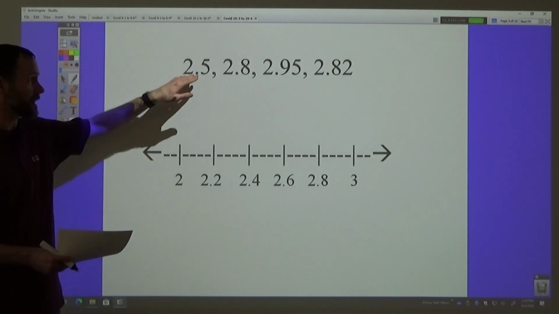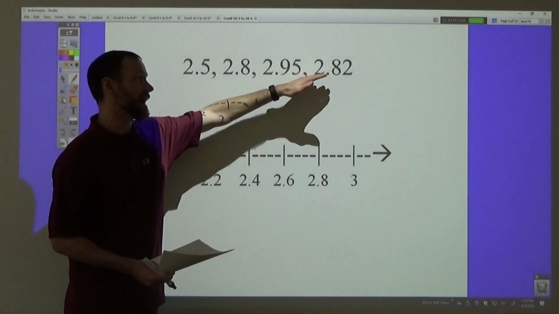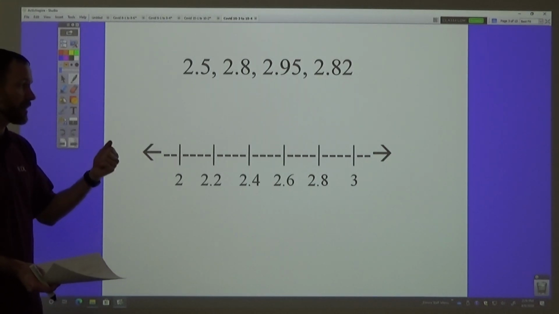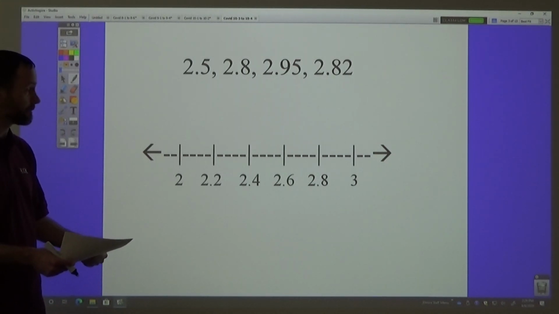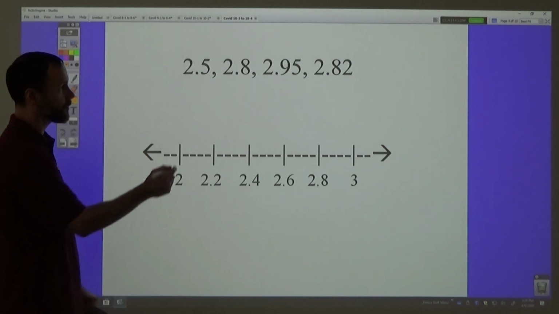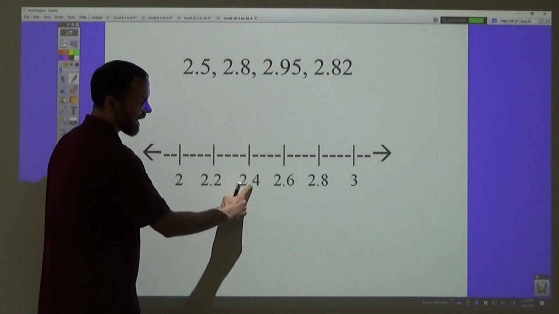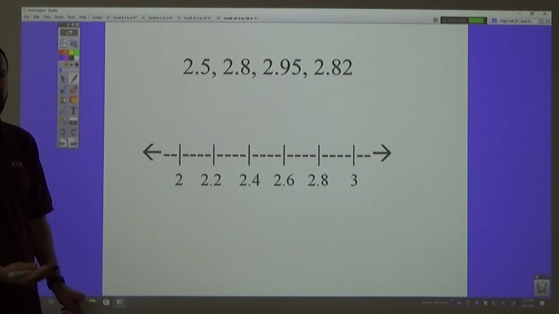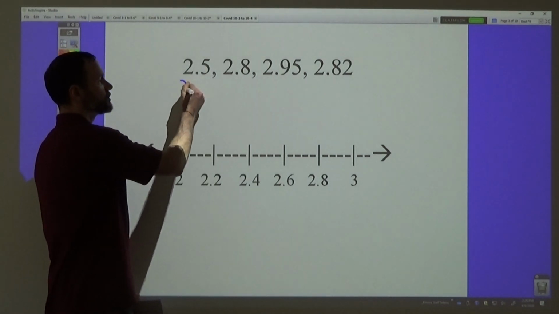So our first ones are 2.5, 2.8, 2.95, and 2.82. All that we want to do is put them where they belong in the number line. So 2.5 is exactly halfway in between 2.4 and 2.6. Again, think of it in terms of money.